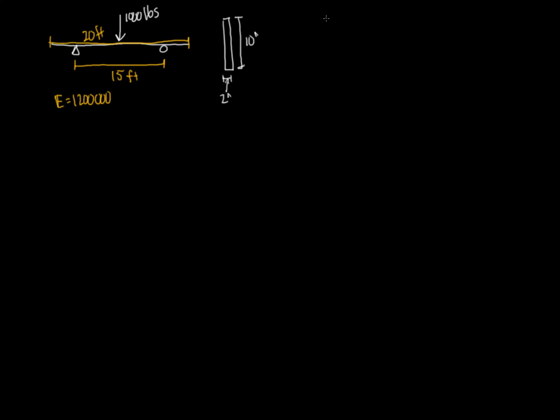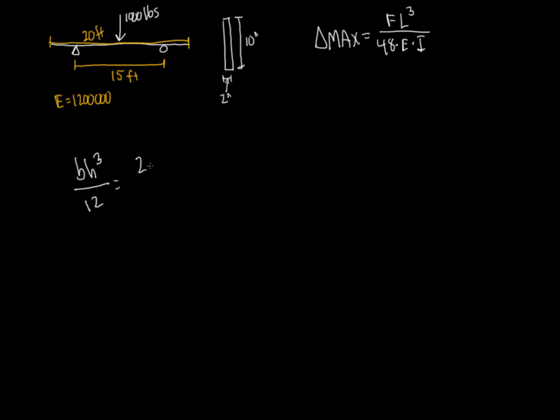Okay, so delta max equals FL cubed divided by 48 E times I. Alright, so here's the process I do. I find the moment of inertia. So base times height cubed divided by 12.